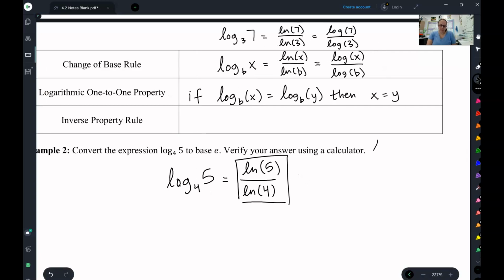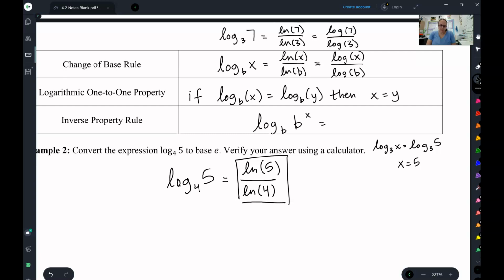So it's kind of like saying if I had log base 3 of x equals log base 3 of 5, then it would be easy to say that x should be 5. If those bases are the same, then you know the inside should be equal. That's your one-to-one property.